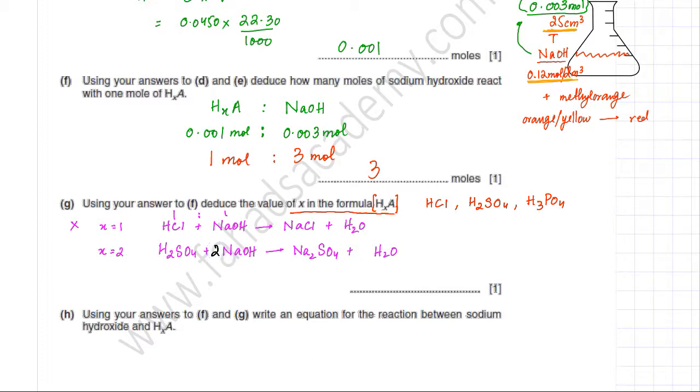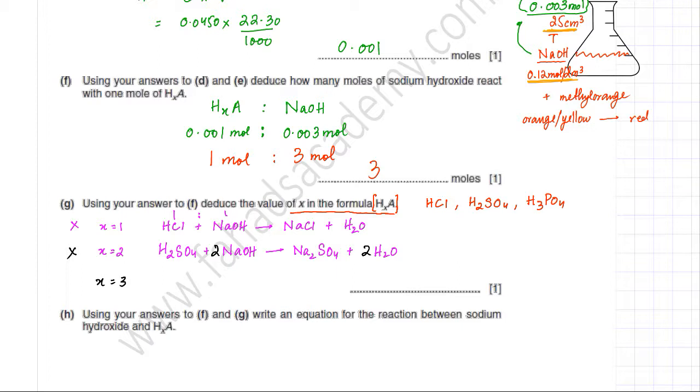There should be 2 sodium hydroxides and 2 water molecules. Now if you look at this reaction, the ratio of the acid H2SO4 to NaOH is 1:2. So 1 sulfuric acid reacts with 2 NaOH according to the equation, and this cannot be correct either, because in our reaction 1 mole of acid reacts with 3 moles of NaOH. So X cannot be 2.